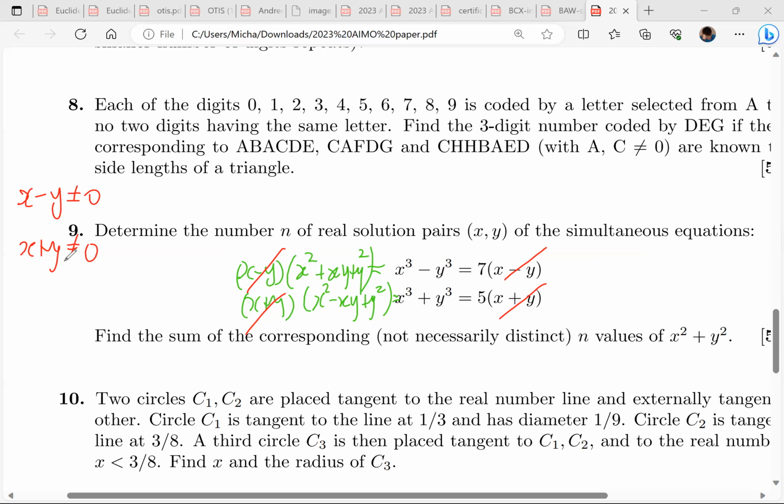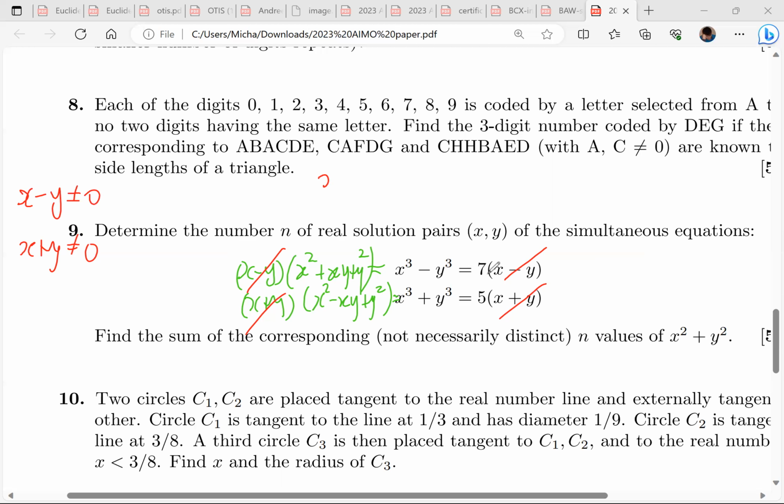What's next? Well, some mistakes that people made were with plus or minus square roots. People only do the plus square root, they forget about the minus square root. Okay, so let's cancel this, and then you get x squared plus xy plus y squared equals 7.